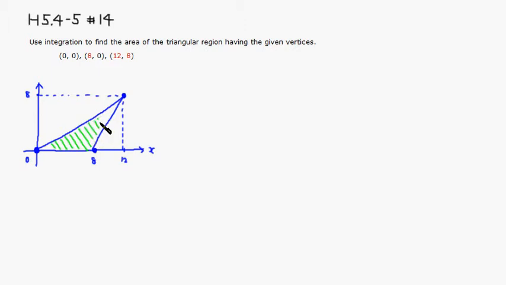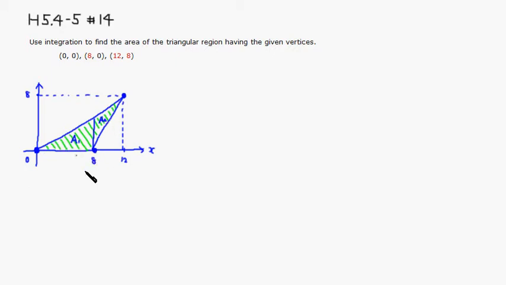I'm going to try to do it a different way than the way we did in class. I'm going to split it into two regions, splitting at 8. I'm going to call the first region A1 and the second region A2.